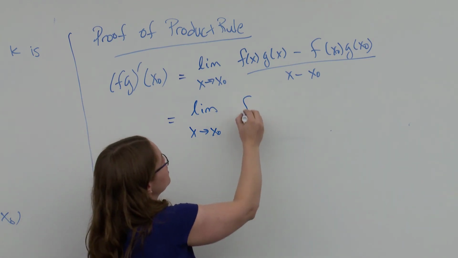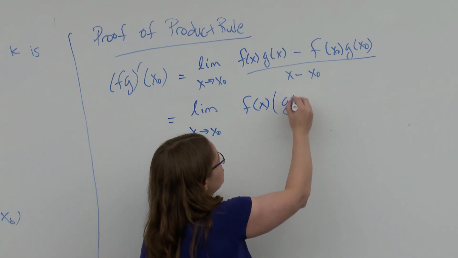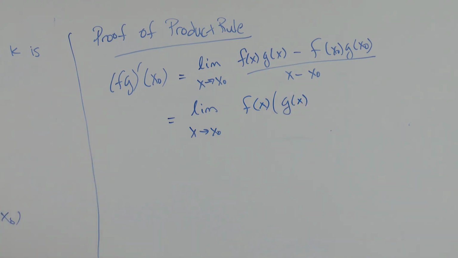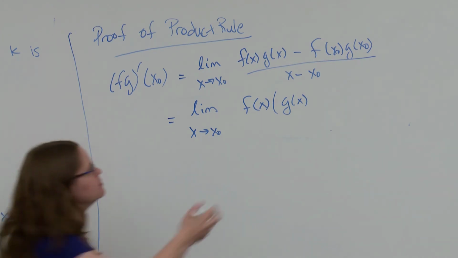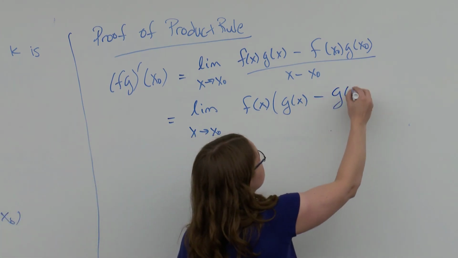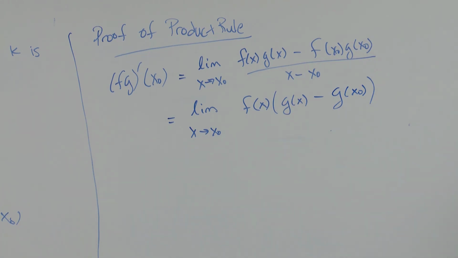Okay, so I start with something like this. I have f of x times g of x. What I'd really love is something that looks like a derivative of g. If I'm going to have a derivative of g, I need something that looks like g of x minus g of x naught. Right? So I'm just going to happily insert what I want into this expression. I can do that as long as I balance this out somewhere else.